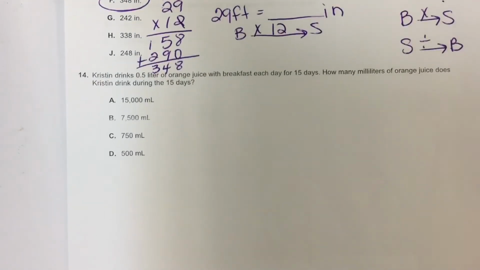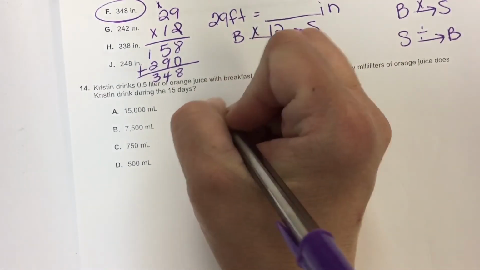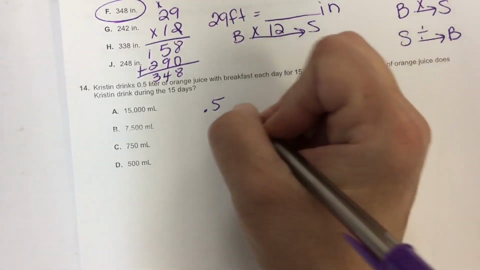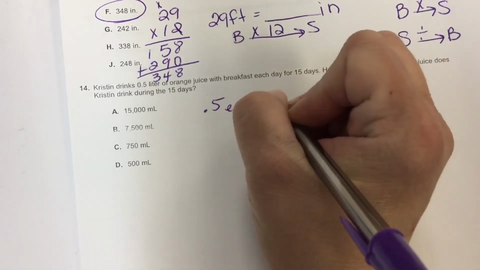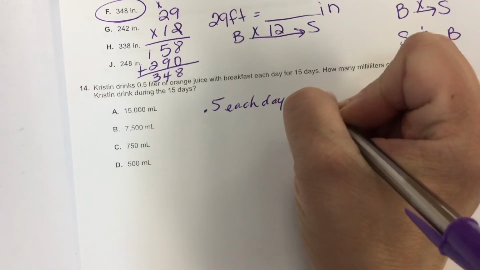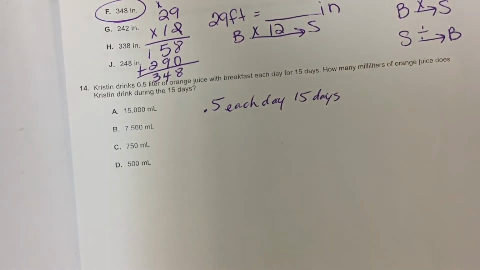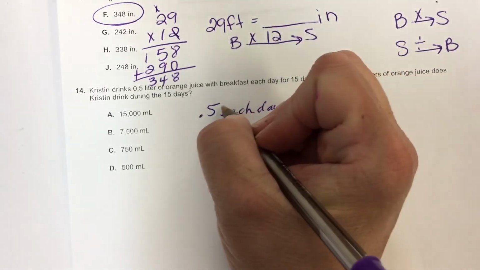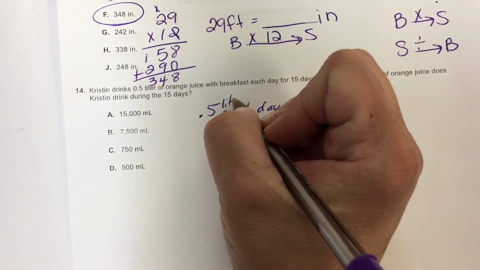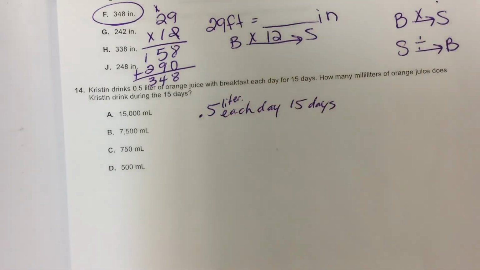All right. Kristen drinks 5/10 liters of orange juice each day for 15 days. How many milliliters of orange juice does Kristen drink during the 15 days? All right, so you can work this one of two ways. You can convert 5/10 from liters to milliliters, and then solve, or you can leave it and solve it and then convert.